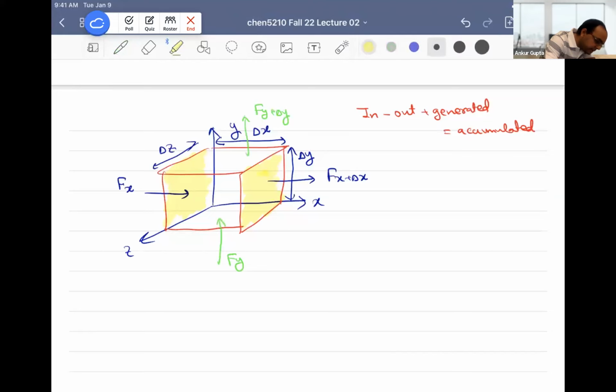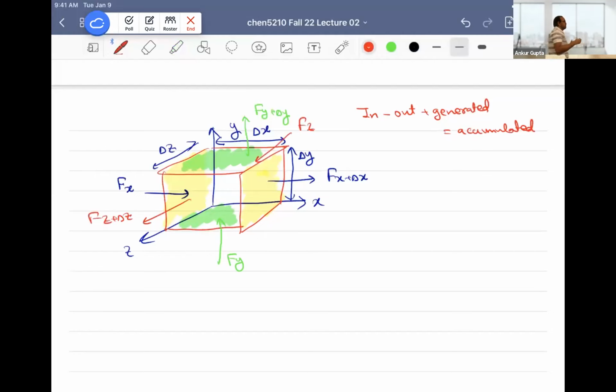Let's try to be consistent. This is this surface, fy plus delta y. Similarly, you will have fz in this direction, fz plus delta z. So we'll have something like this.